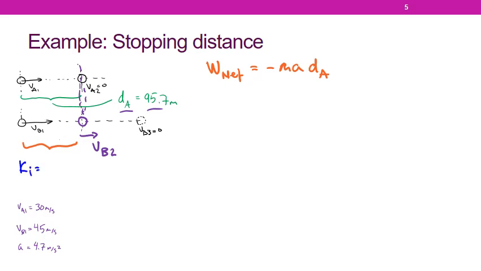My initial kinetic energy, that's 1/2 the mass of my car times this initial velocity squared, or speed squared. And then my kinetic energy here, call that the final kinetic energy, is 1/2 my mass times the thing I'm interested in, the speed at that point squared.